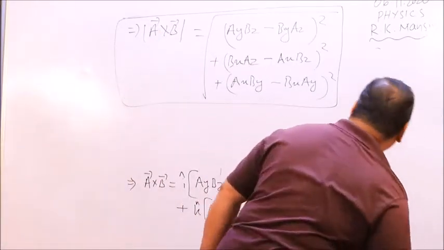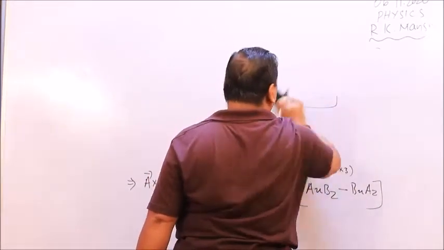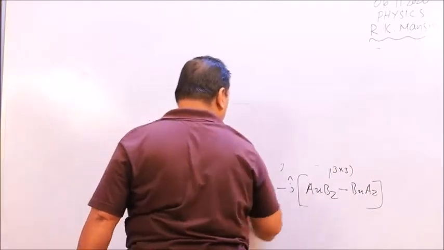So now we will take a simple example of how to find the magnitude of the cross product between two vectors.